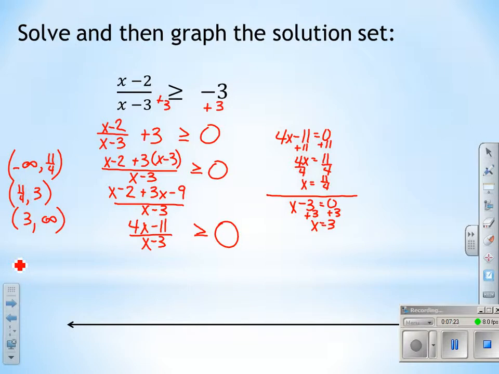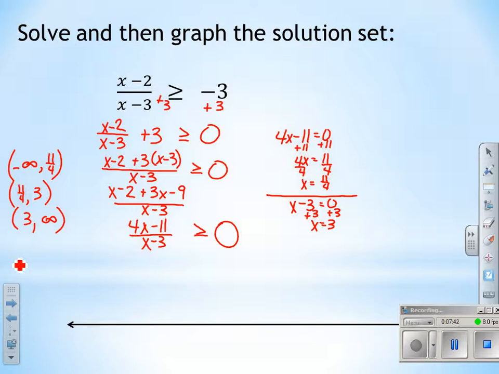and you get to pick any value you want from these 3 intervals. Now, the tricky one is going to be that second interval, 11/4 to 3. You're going to have to pick something between 2.75 and 3 to plug in there. But you've got your calculator, so pick something like 2.8 and put that in for your value for that interval.